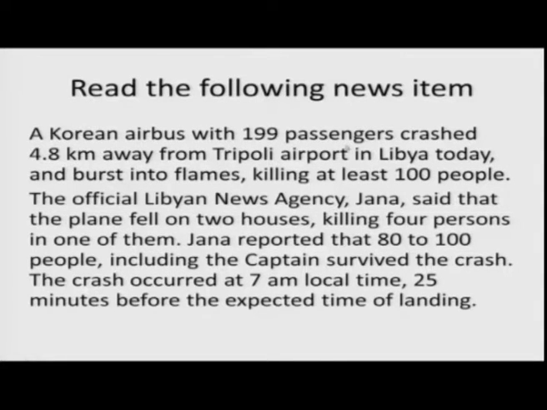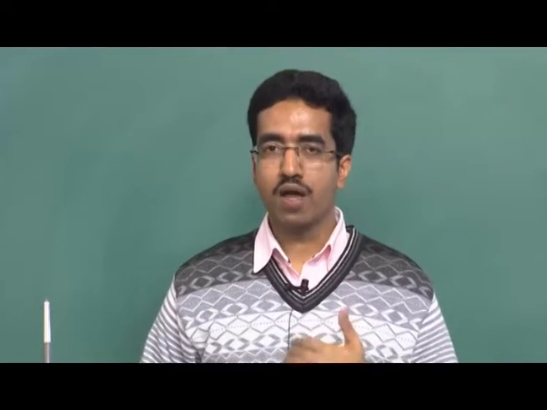So, what crashed? This is the thing. Then casualties about 100 people. Where did this happen? It happened in Libya, close to Tripoli airport. At what time? 7 a.m. local time. So, these are the main details you would want to understand from this short paragraph.